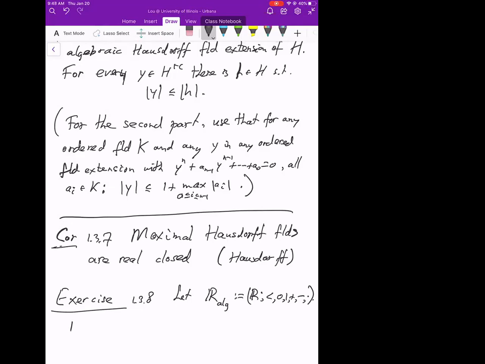So this is the Hausdorff field of germs of definable one variable functions.